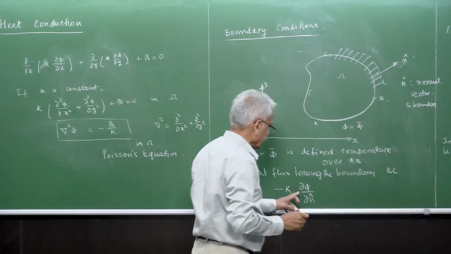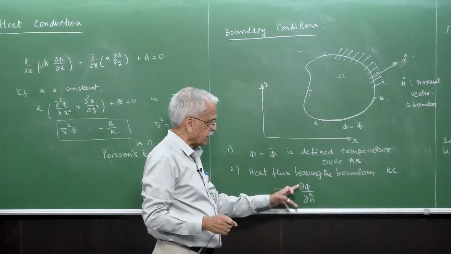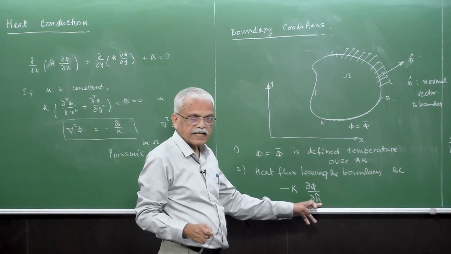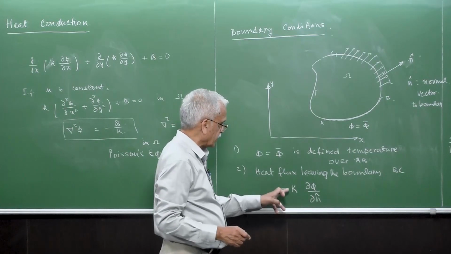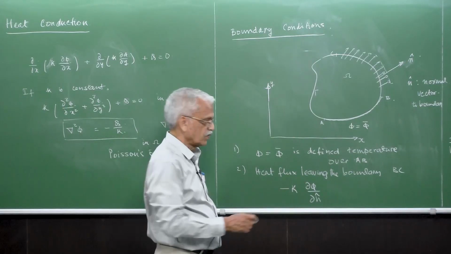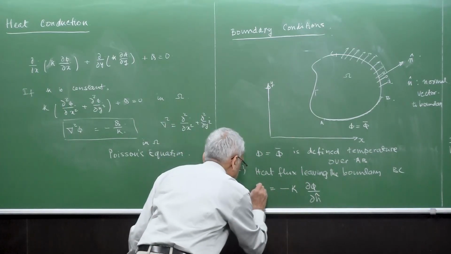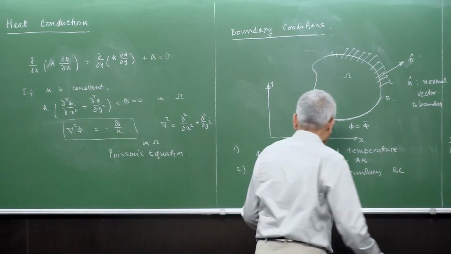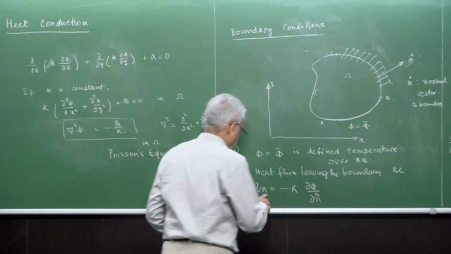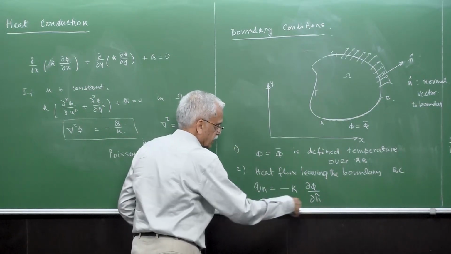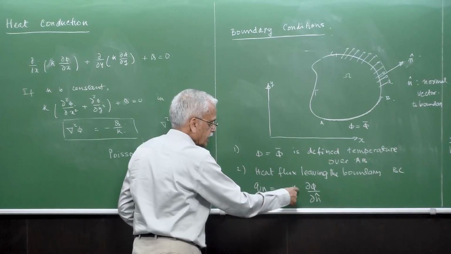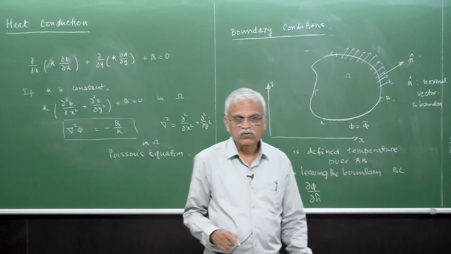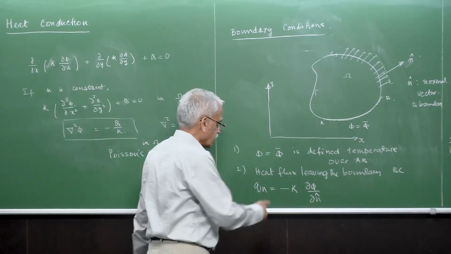So what essentially dou phi by dou n is, is nothing but the derivative of the temperature in the direction of the normal n. That together with minus K represents the heat leaving the boundary in the direction of n. So this is heat flux leaving the boundary in the direction of n. Of course, obviously a negative sign because heat flows in the negative gradient of the temperature.